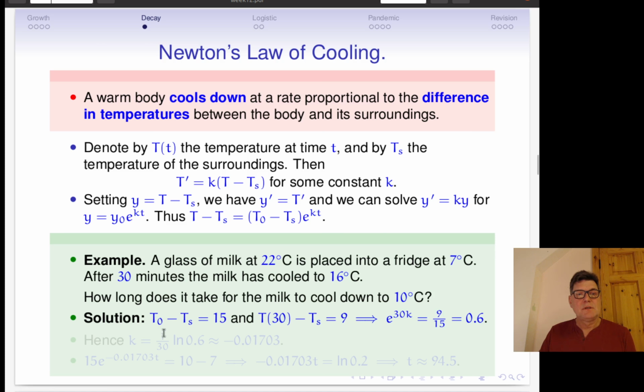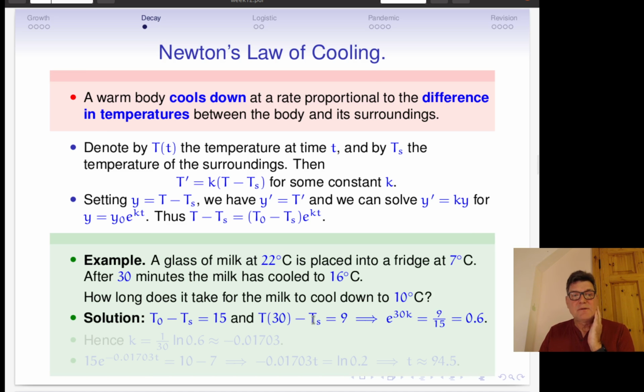We're given at time 0 an initial value, which now is a difference between two temperatures. So at time 0, the difference between the body, the glass of milk in this case, and the surroundings is 22 minus 7, that's 15 degrees. Also, we're given the information that at time 30 minutes after 0, the temperature difference is 16 minus 7, which is 9.